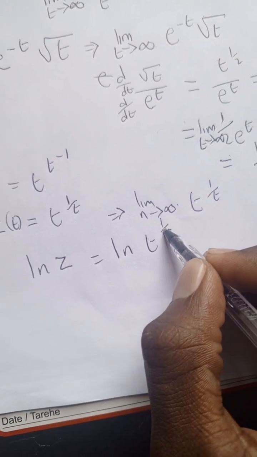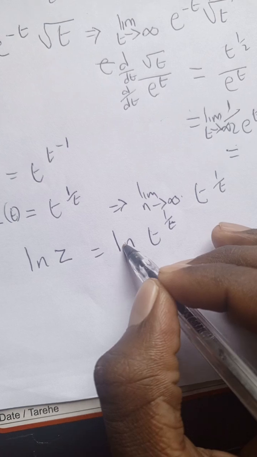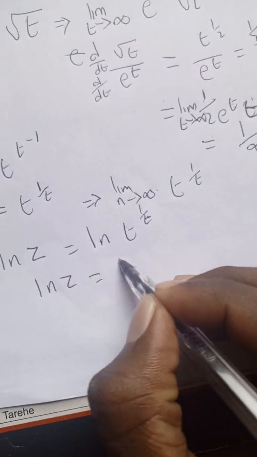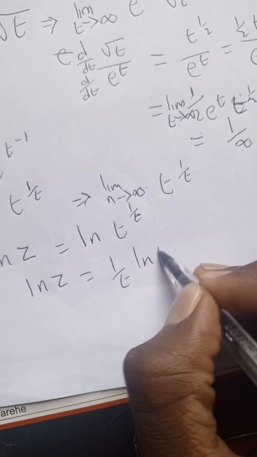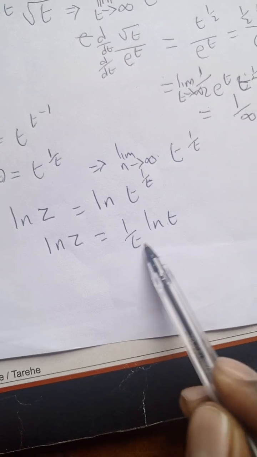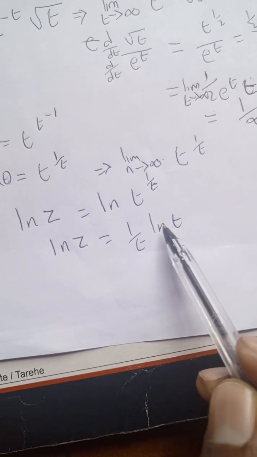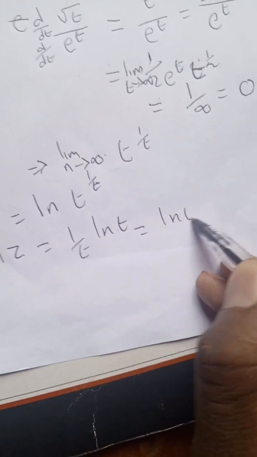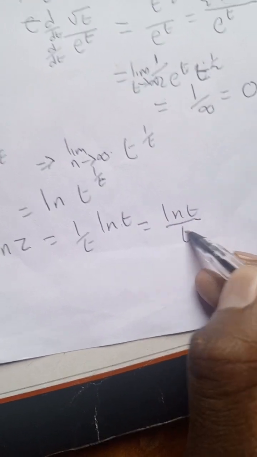Now the power can drop down due to the properties of logs. So it will be ln of z equal to 1 over t times ln of t. Now 1 over t multiplied by ln of t is the same as ln of t over t.